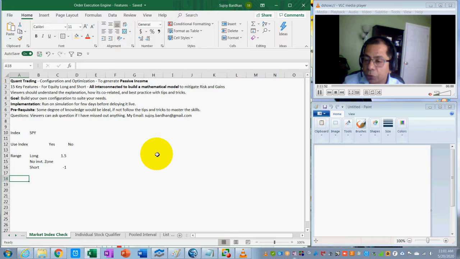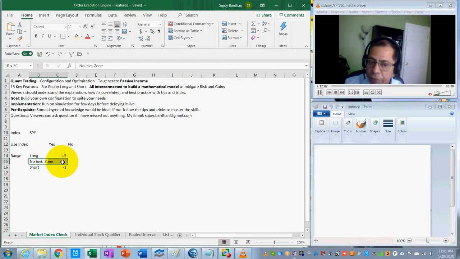You can tell the algorithm that okay, I don't want to look into the market at all. But if you are a little careful, you want to go with the market, then I have already explained how you look into the market index and how you identify what would be your no investment zone and so forth.